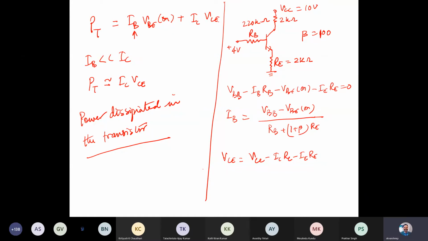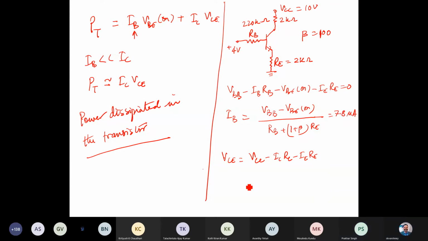Right, have you got the numbers for this set of parameters? Anyone? Yes, sir. IB is 7.8 microampere. Okay.